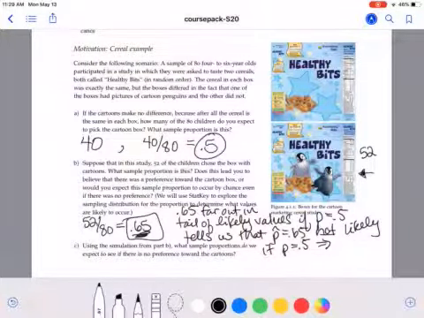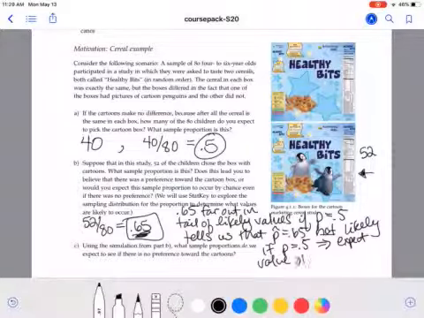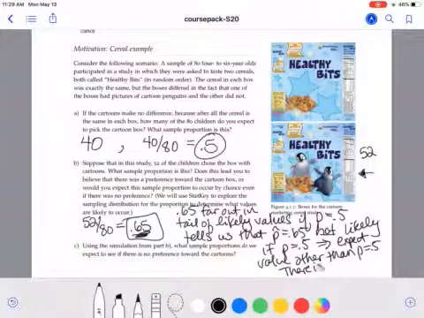That would imply that we expect a value other than p equal to 0.5, or that there is a preference for the cartoons.